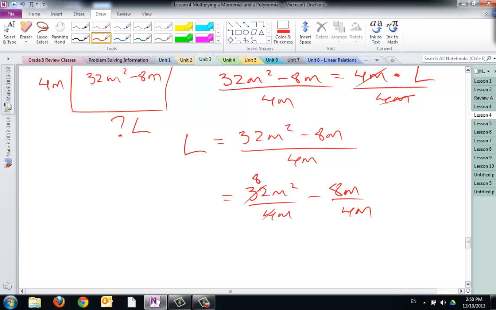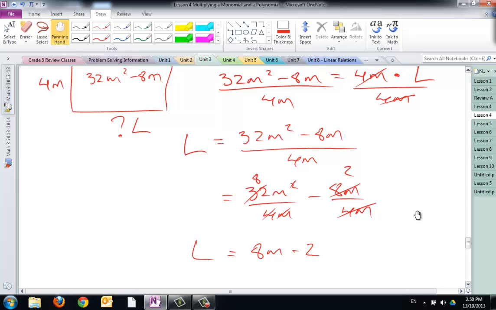Those cancel, leave me with 8 and an m. 8m, and 4m goes into 8m, leaves me with 2. So I get 8m minus 2 as my long side.